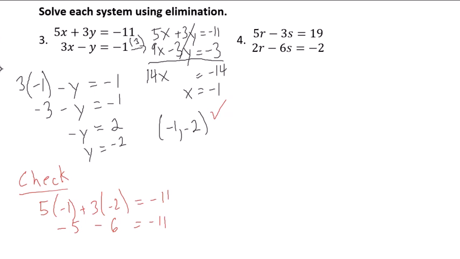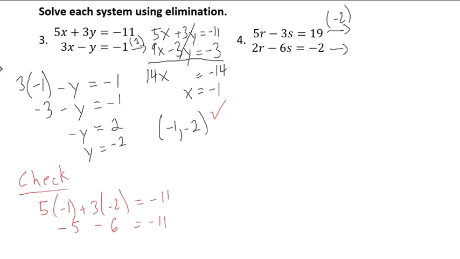So we need the r's to be opposites. So the easiest way would be to multiply the first equation by 2 and the second equation by a negative 5, and they would become opposites. Or we can look at the s's, and since negative 3 and 6, if you double 3, you get 6. So what we're going to do is multiply this by a negative 2.